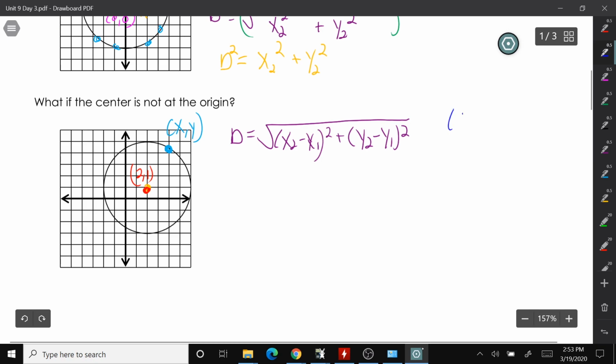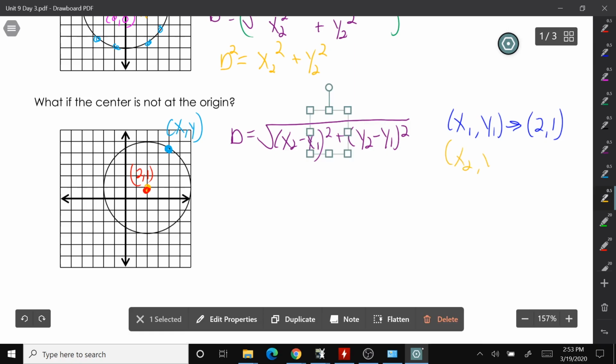So our x1, y1 is going to be 2, 1, the center of our circle. And our x2, y2, we're just going to leave as variables, x and y. And the distance that we're trying to find from here to here, that's r. That's the radius of the circle.